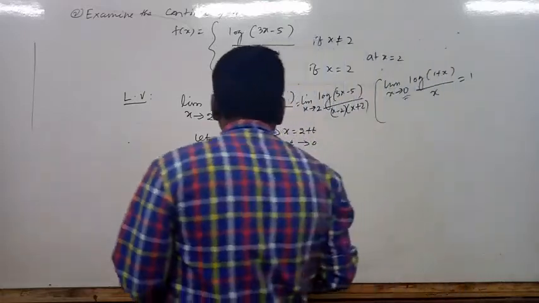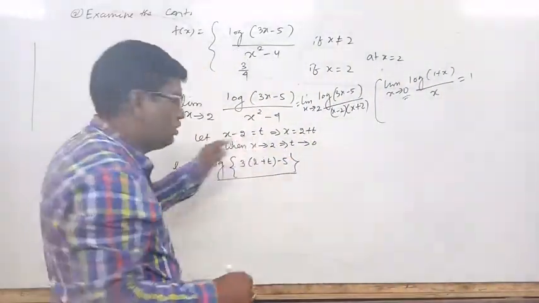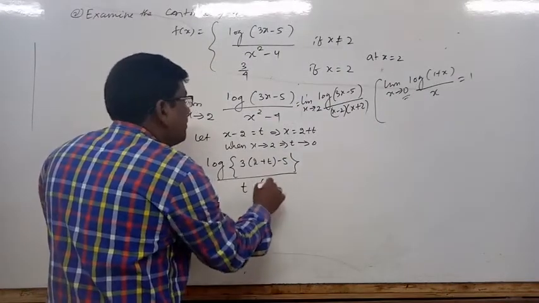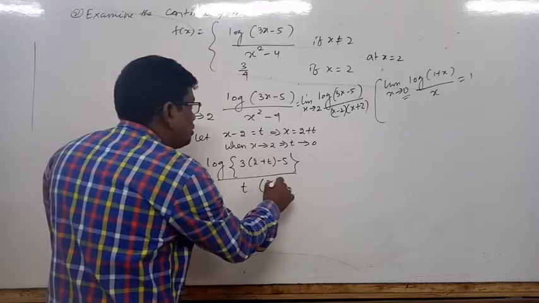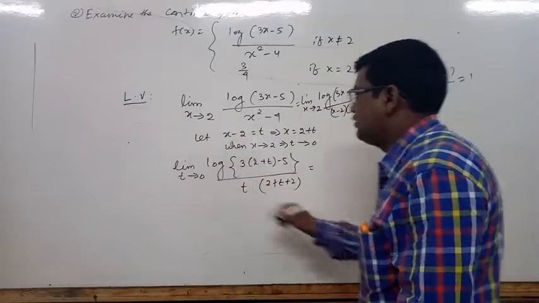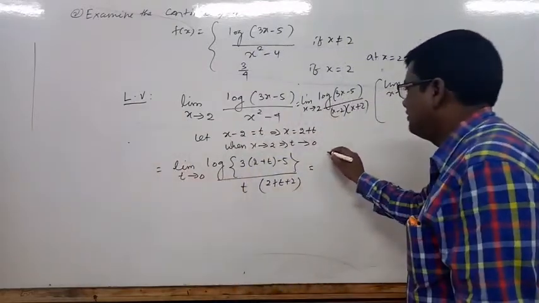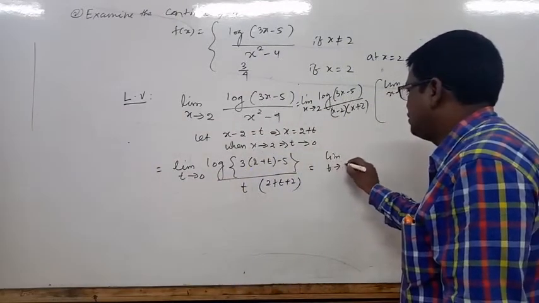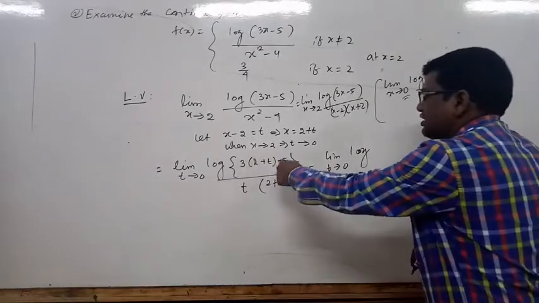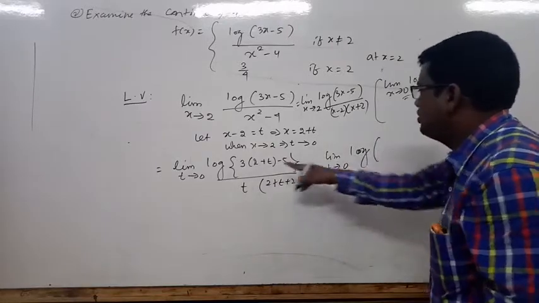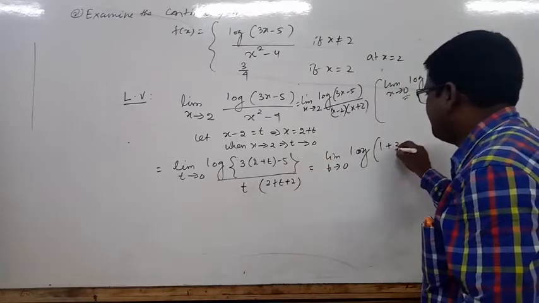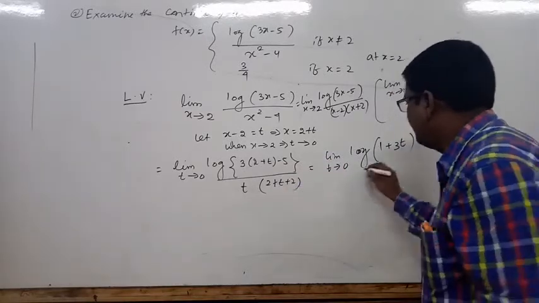So x minus 2 is what? x minus 2 equal to t, and this is equal to what? This is equal to x means 2 plus t plus 2, which is equal to limit t tends to 0 log of 6 minus 5, that is 1, plus 3t divided by t.